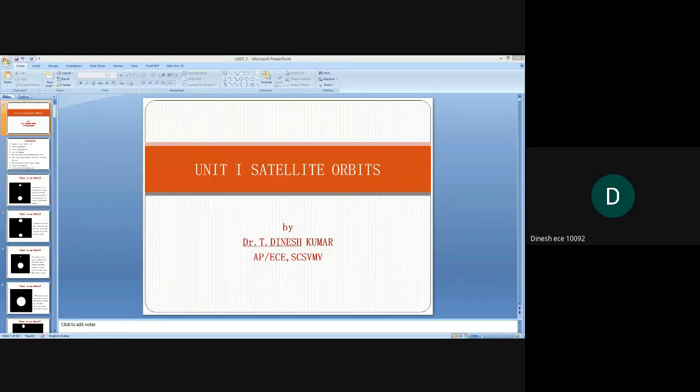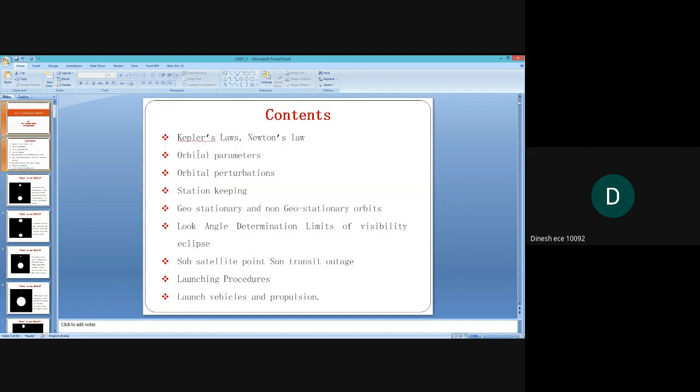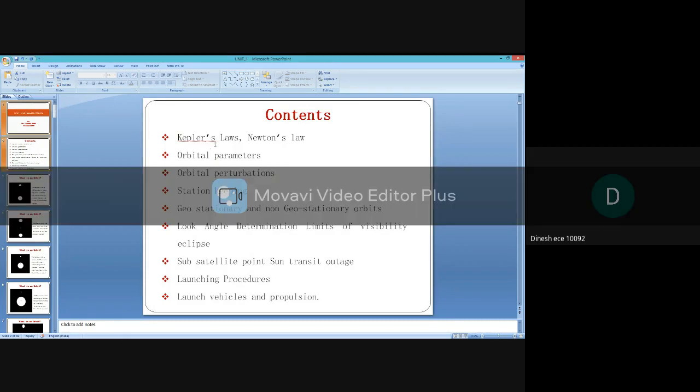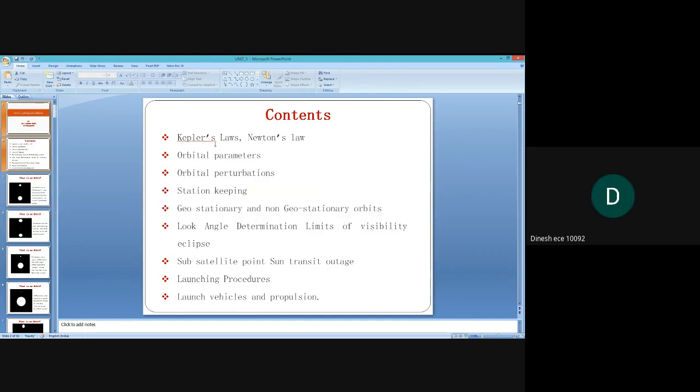So now let us see the contents of this presentation. The contents start with Kepler's law, Newton's law, the orbital parameters, the orbital perturbations, station keeping, geostationary orbits and the non-geostationary orbits.